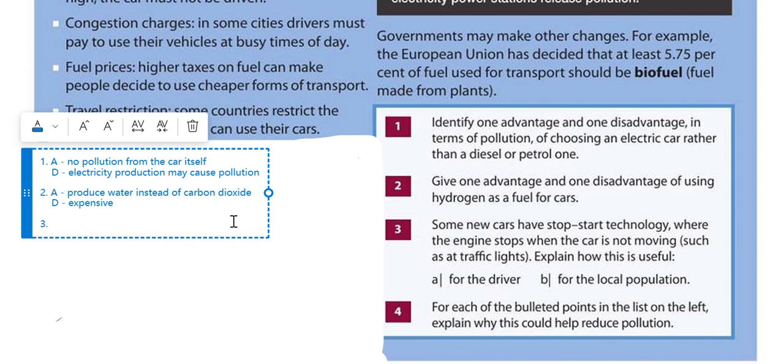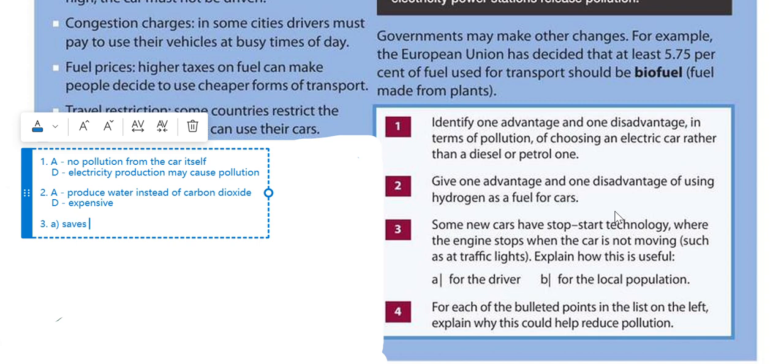Question 3. Some new cars have stop-start technology, where the engine stops when the car is not moving, such as at traffic lights. Explain how this is useful for the driver and for the local population. Now in terms of the drivers, how can it be beneficial?